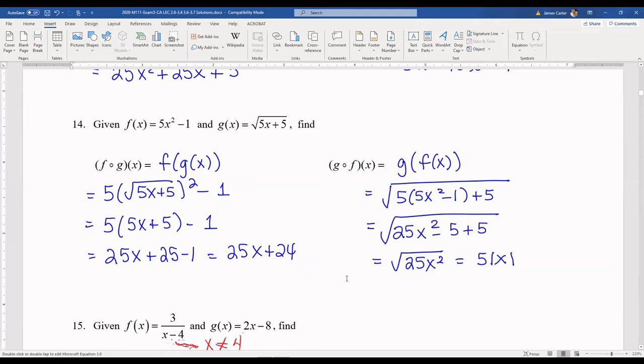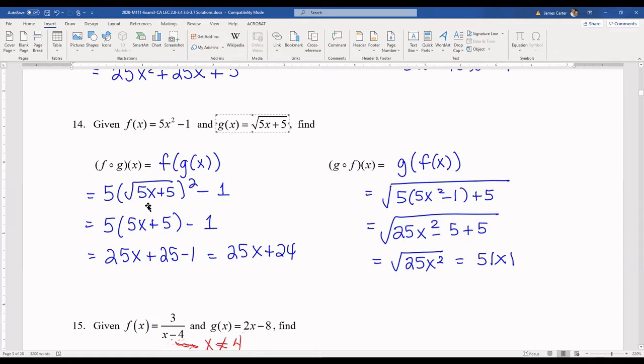Problem number 14. Okay, this time I'm taking g into f. So I'm going to replace the x's with this, the square root of 5x plus 5. So in my original equation, I've got 5 times substitution squared minus 1.